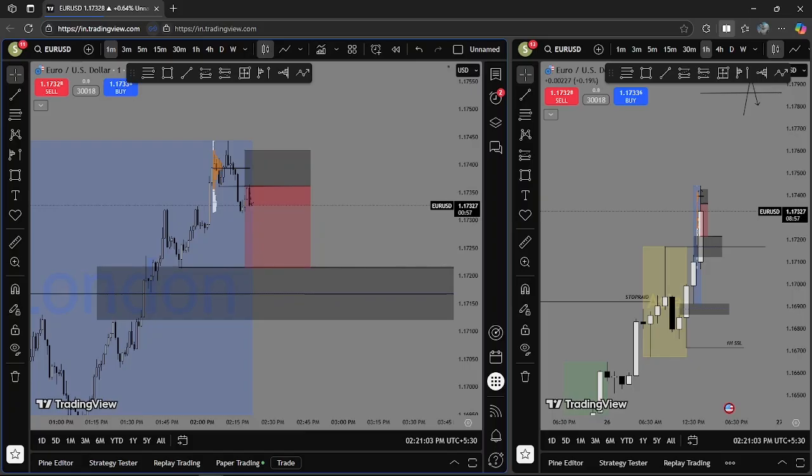Once I see the invalidation of that conflict zone, that's when I look to put on my other half. Before that, if I get a proper space to trade in between, then I would take the first position. When I see the invalidation happen, that's when I look to see the other half go into the trade.